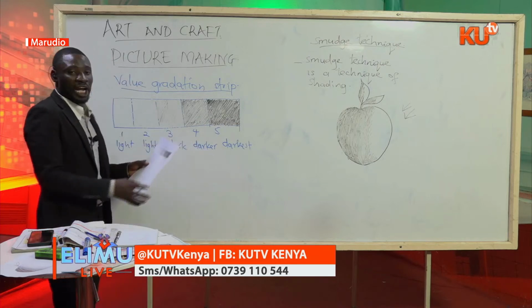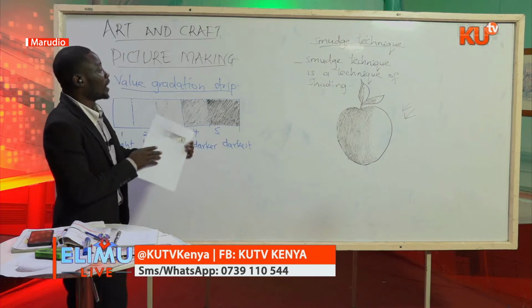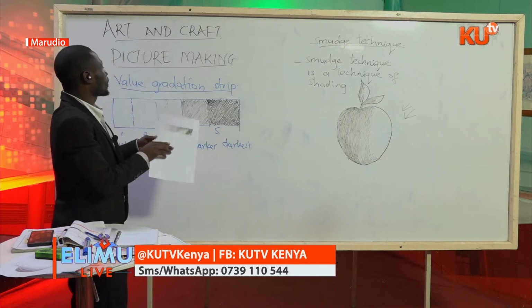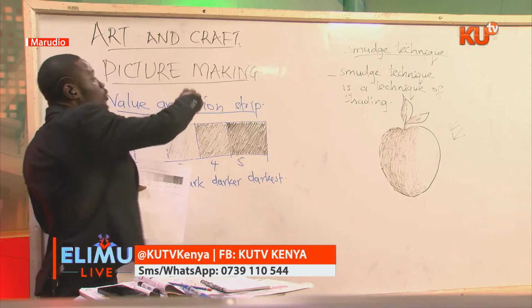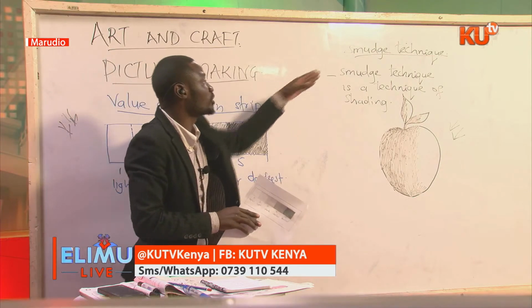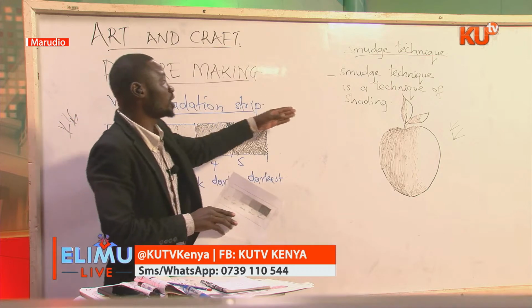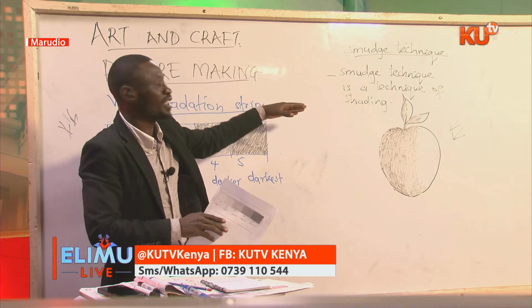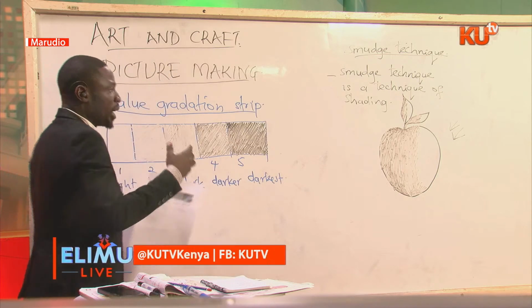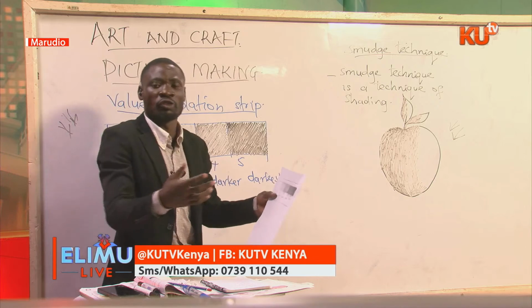But I want us to remember that we were talking about picture making, and picture making through drawing by using smudge technique. Smudge technique is a technique of shading. Shading can be done to create tonal value.